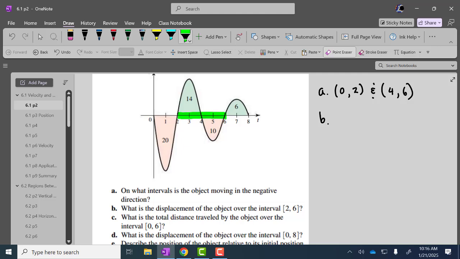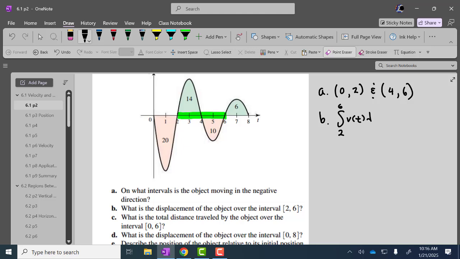So displacement, the effective displacement, if we're looking at a graph of velocity, is going to be the upper area minus the lower area. It's going to be the integral from 2 to 6 of the velocity.